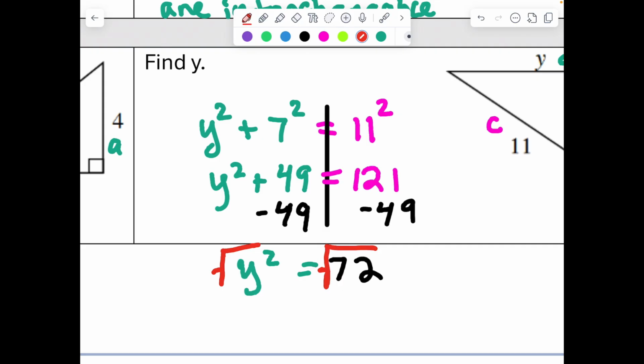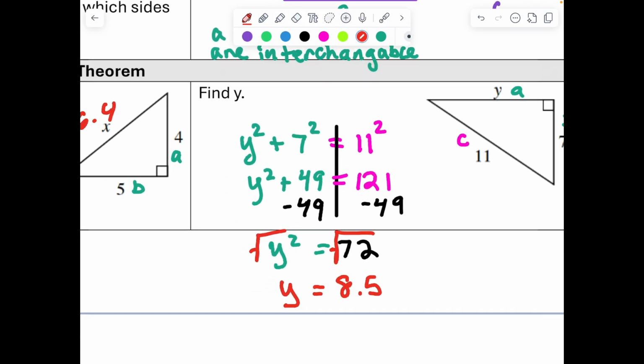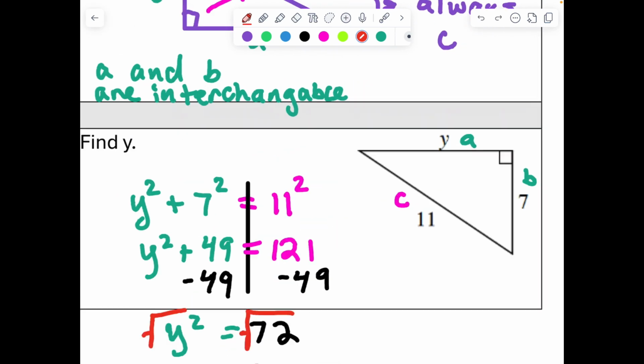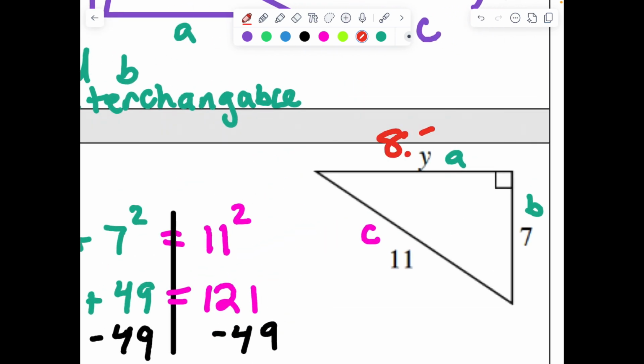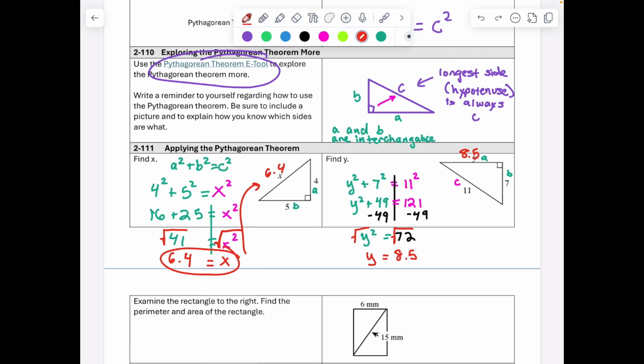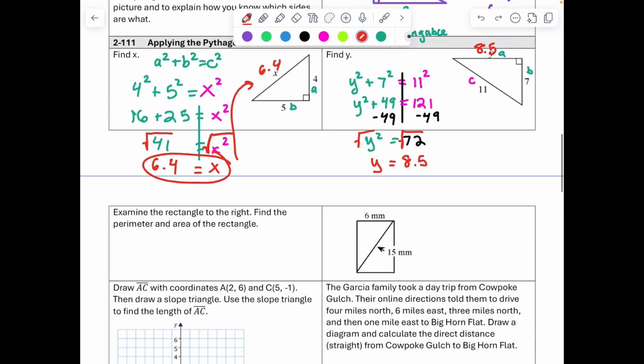So, of course, the square root of y squared is just y, and the square root of 72 is 8.5. I'm rounding up to 8.5. There's a bunch of decimals after, but 8.5 is good enough for us. And that should be about right. It's less than 11, so we are good to go.